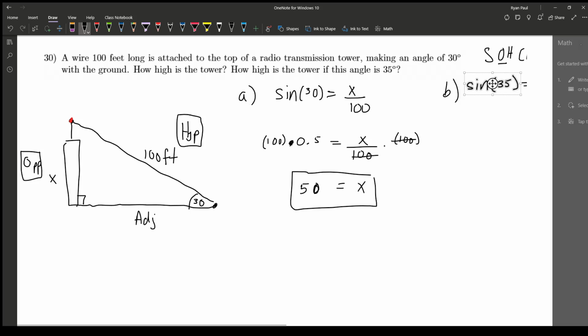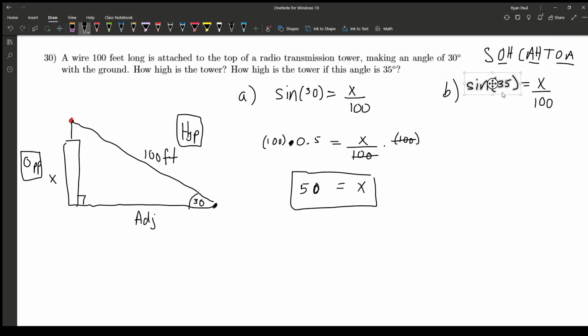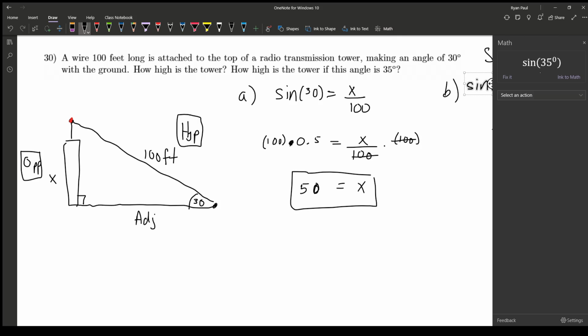I need to change it to degree mode. Let's see if I could put a little degree symbol there and do it again. And if you're wondering what software I'm using, I'm just using OneNote, Microsoft OneNote. I really like the software. Okay, there we go. Let's math it. 35. Oh no, let's fix it.